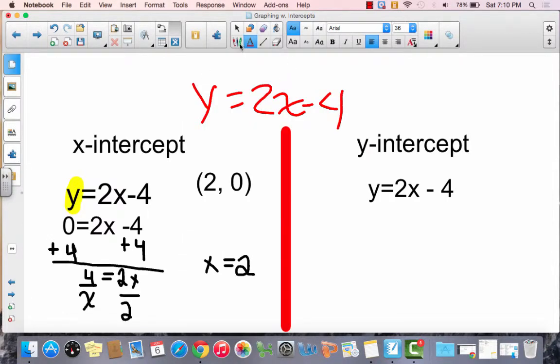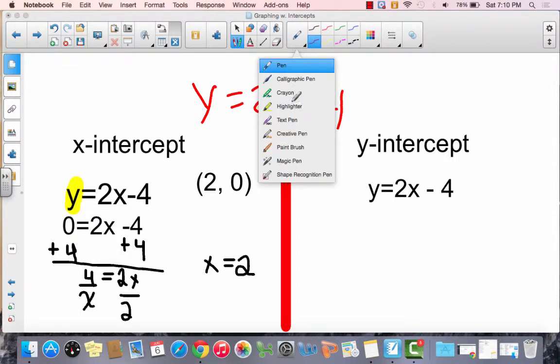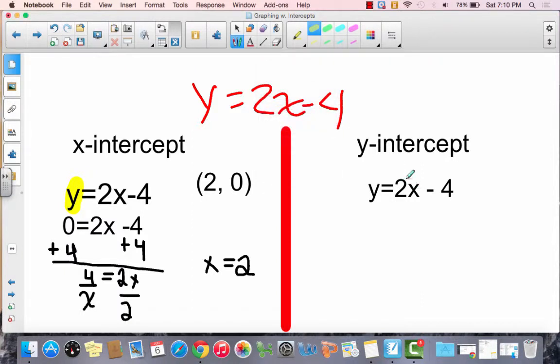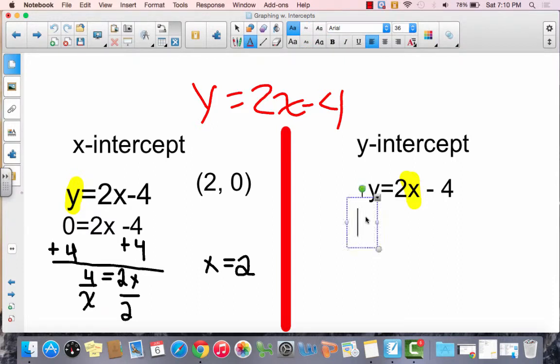So therefore, this time I am going to replace the x with a 0. And it's going to look something like this. y equals 2 times 0 minus 4.